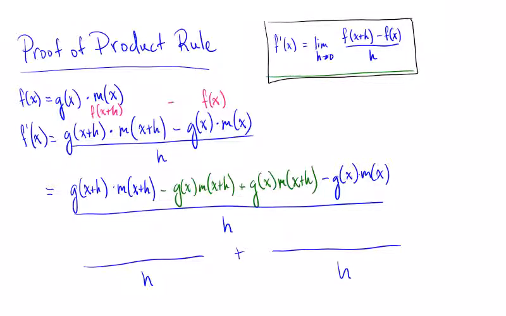So here I have m of x plus h in common. So I'm going to put that m of x plus h in the front. Okay. And so then what I'll have left over inside the parentheses is g of x plus h minus g of x, right?